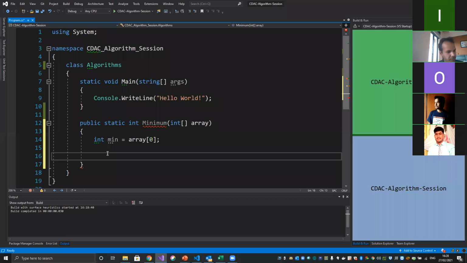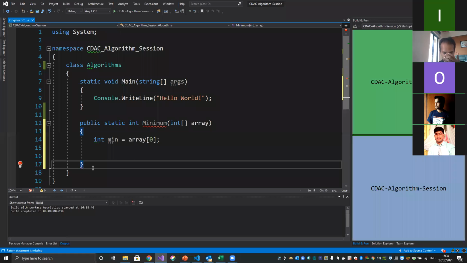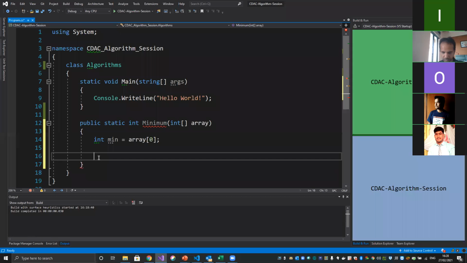So I think referring to it as a min does not make sense unless we compare it. I think it must be the first element, and we will take the next element as the second element, compare the first with the second, and the minimum of that must be stored in this min variable.